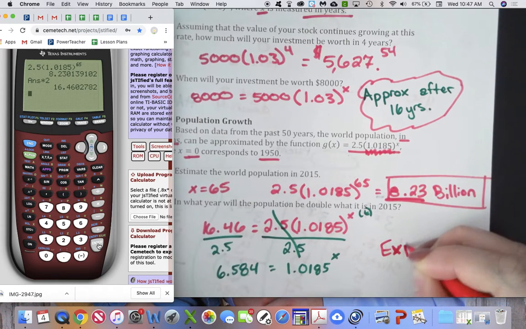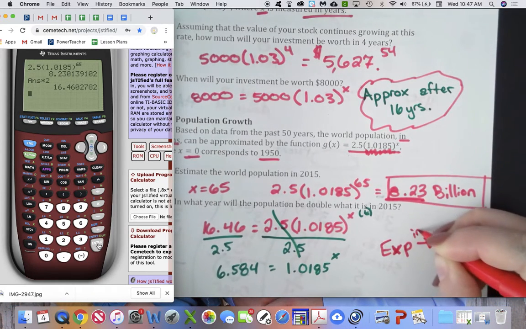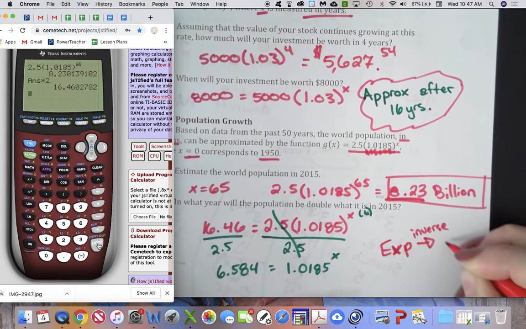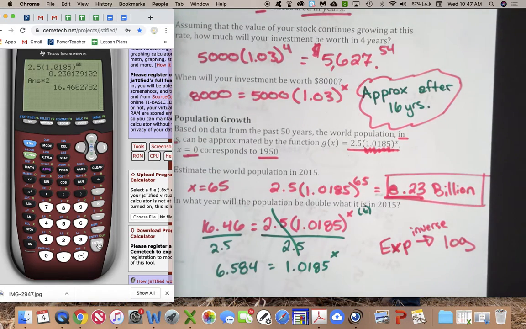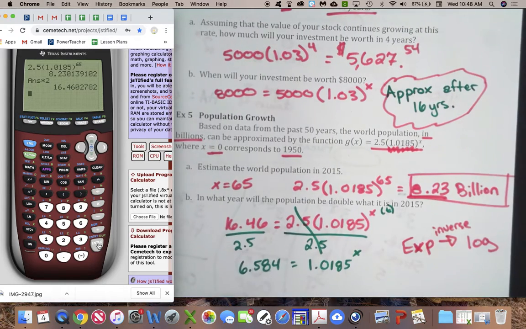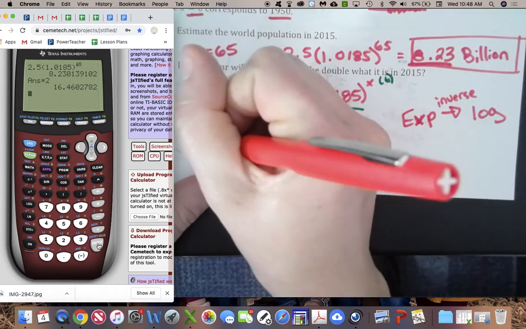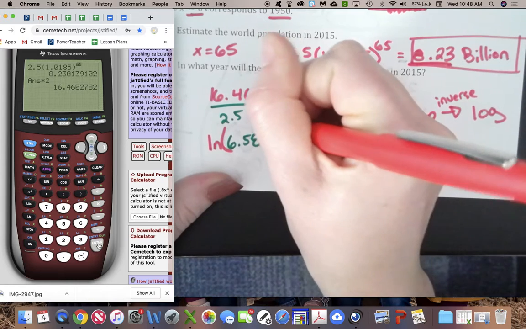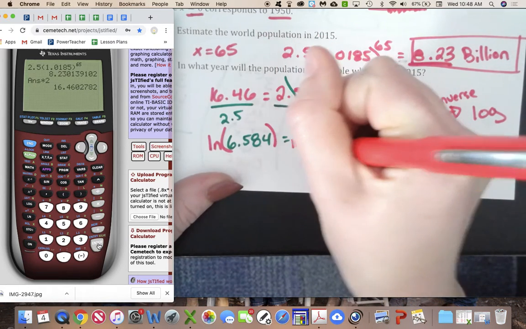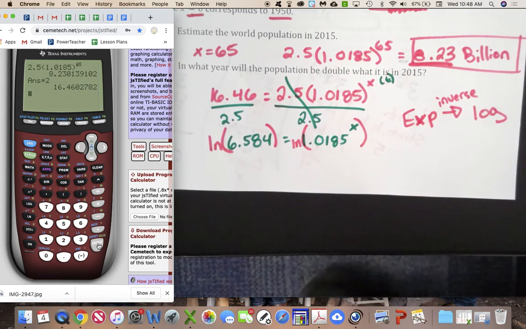is a log function. So what we have to do to get him out of there is put a log in front, okay? And I'm going to use a special type of log. I'm going to use what's called ln. So I'm going to do ln of this thing, and I'm going to do ln of this thing. Because you do it to both sides, it works, all right?